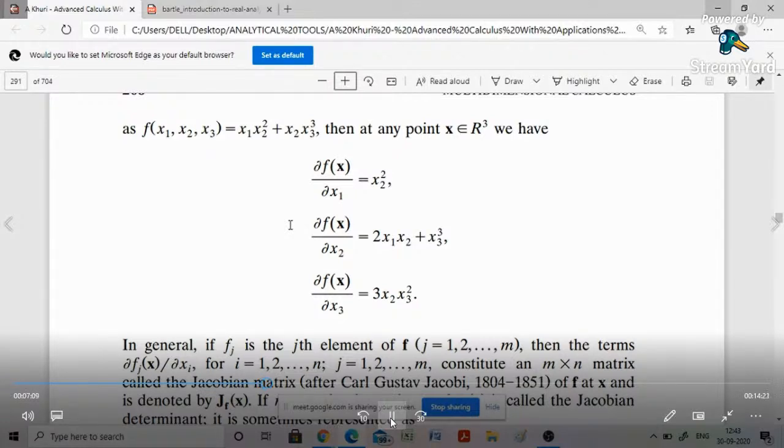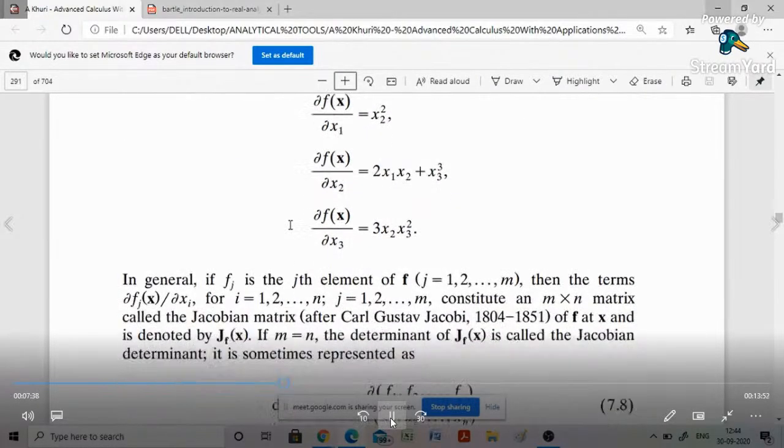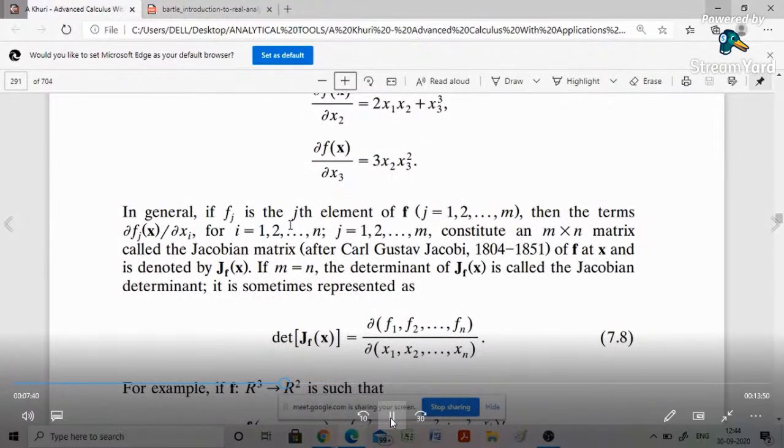Okay, so the domain D belongs to R^n, and the range belongs to R^m, and let the components be denoted as fj, j from 1 to m. So we can find the partial derivatives of these components with respect to all the variables, and we can arrange it in a matrix form, that can be denoted as Jf of x. This will be an m by n matrix.